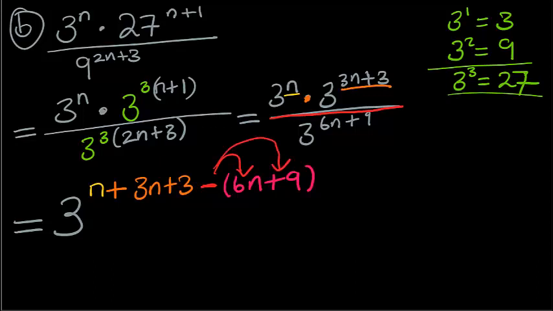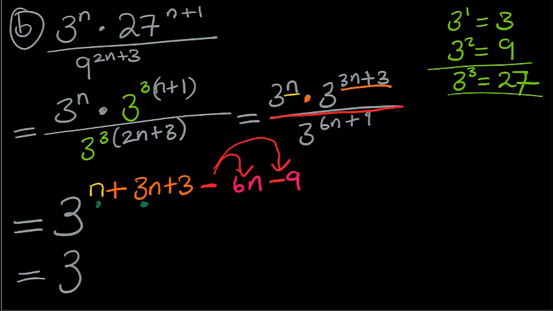change the signs. So if I change the signs, if I remove the brackets, it's going to be minus 6, and then minus times plus is minus 9. Minus 6 minus 9. All right, now that we've got that, we can simplify and we can say keep the base of 3.